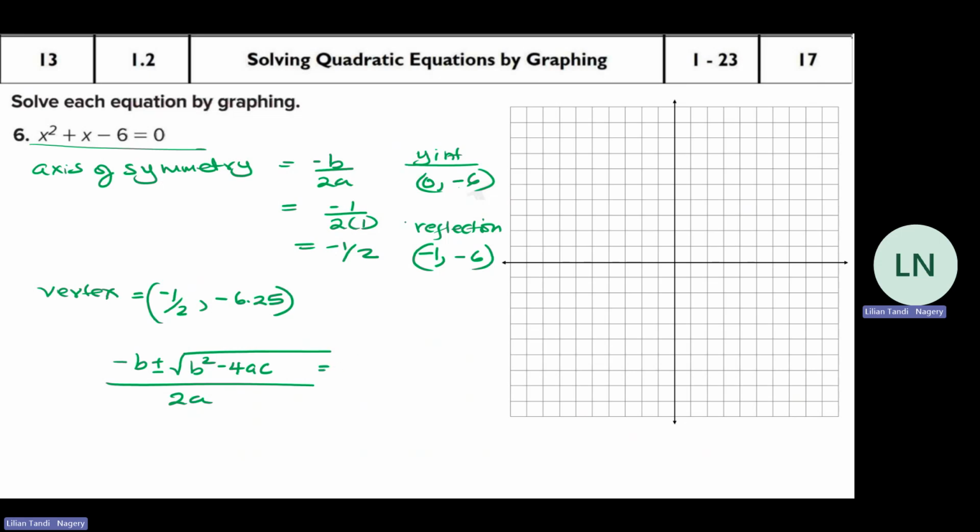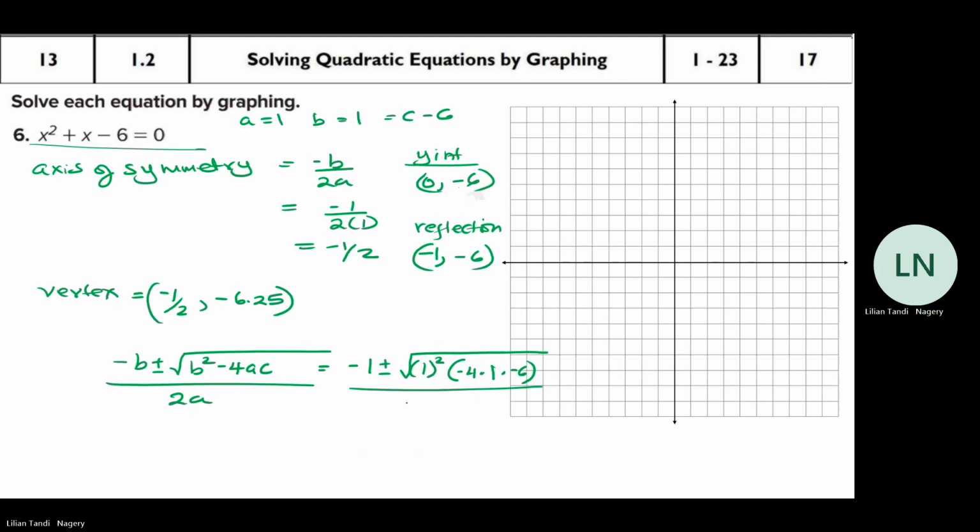So a is 1, b is 1, c is -6. -b is -1, plus or minus the square root of (1 squared minus 4 times a times -6), over 2 times 1.